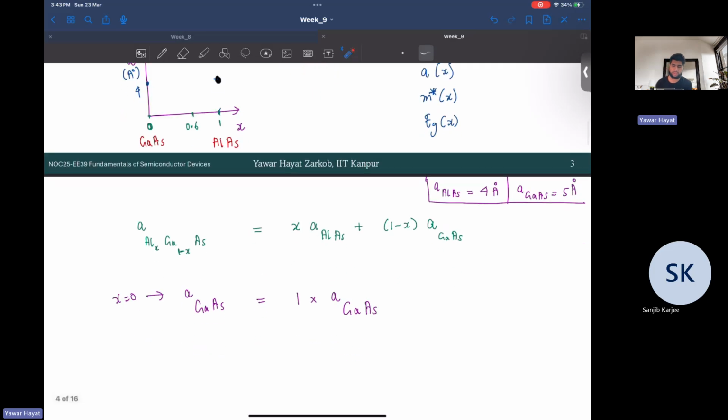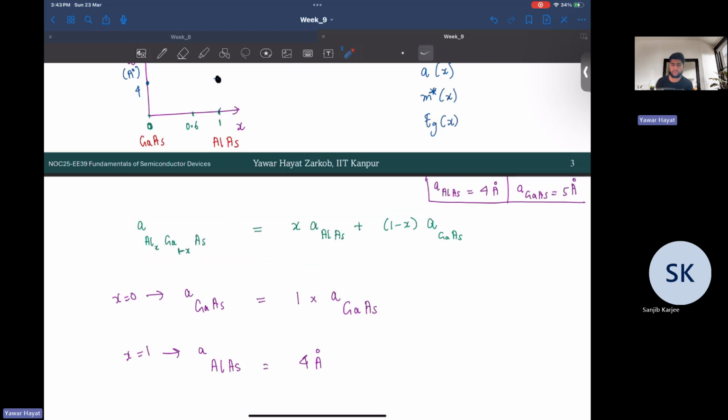Similarly, you can confirm if you put x equal to 1, you'll get the lattice constant of aluminium arsenide equal to 4 angstrom, from this table, if you use x equal to 1 in this equation.